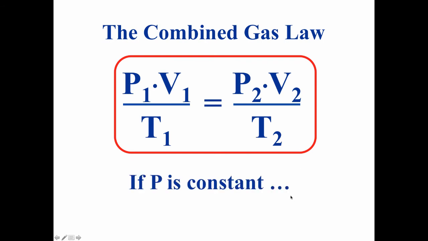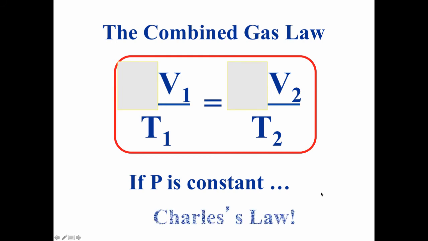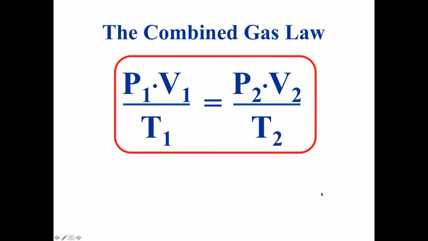And note, if the pressure is constant, then P1 and P2 are equal to each other, and it's kind of like we cancel them out of the equation. So we have V1 over T1 equals V2 over T2, one of the gas laws we saw previously, Charles' law.